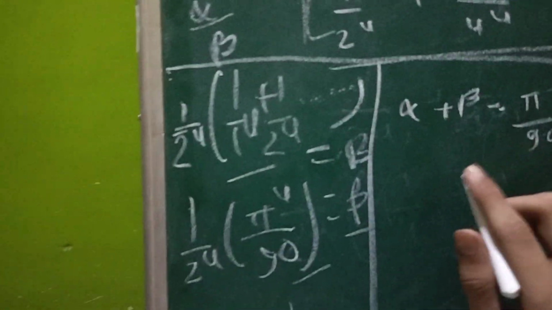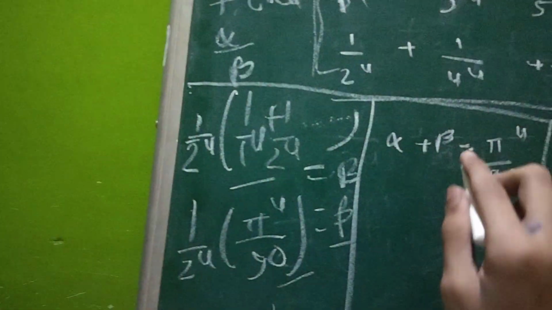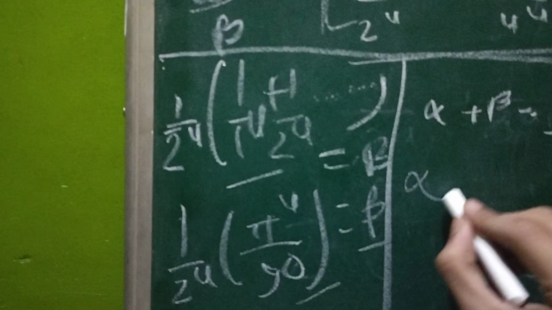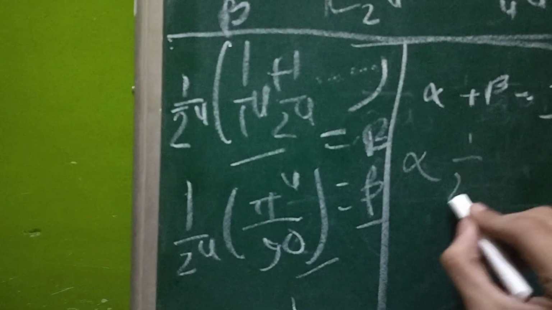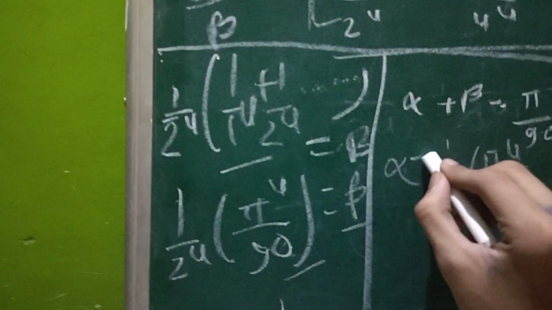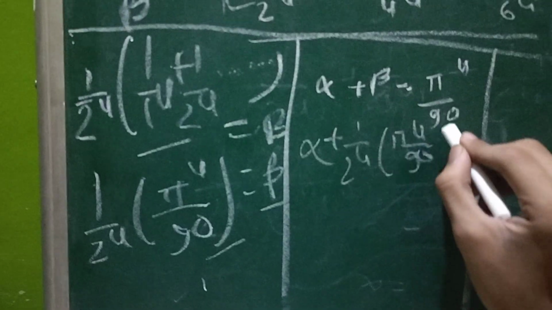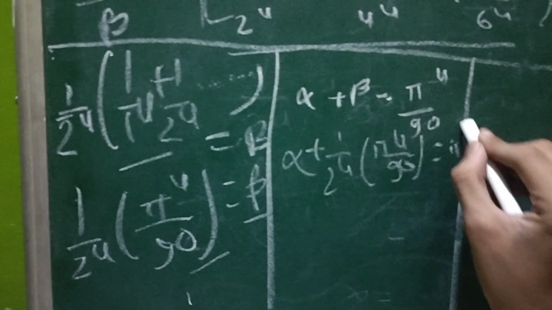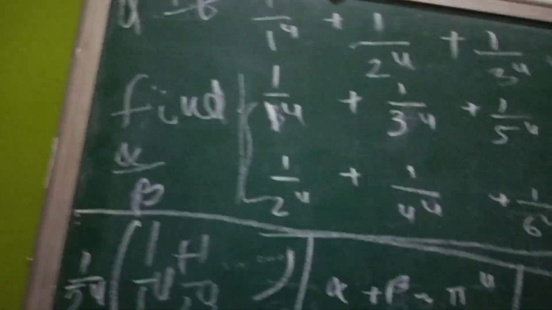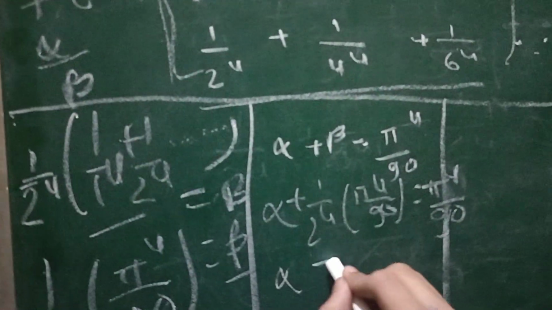Okay, now we have two equations: beta equals this and alpha plus beta equals this. So we can just put the value of beta in the alpha plus beta equation. Okay, so we can now find alpha.